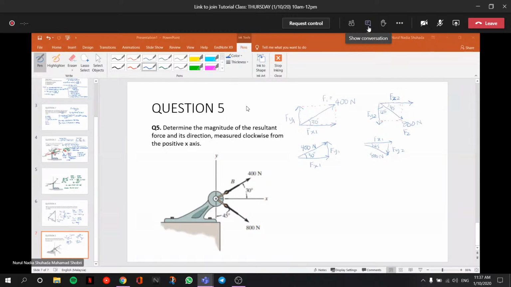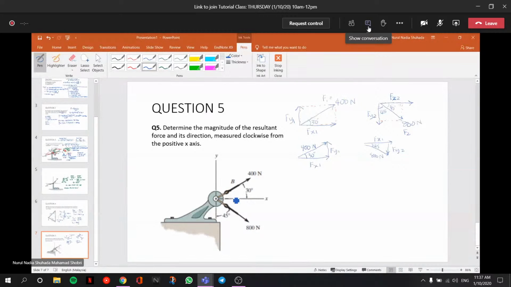It's actually easier in this situation to use this method to find the answer. So we will calculate the resultant force separately between this part and also this part. We will settle the upper part first.